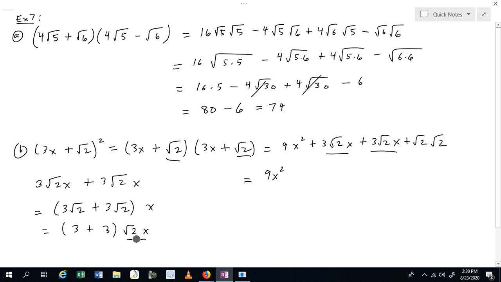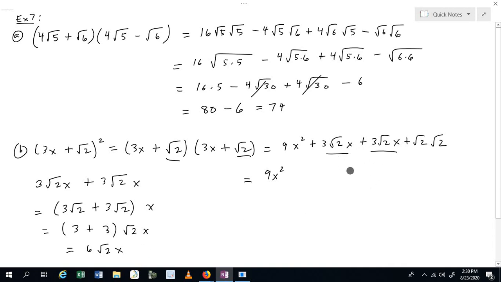Okay, which again is the opposite of the distributive property. If I were to distribute this to both terms, right, to here, I would get this. If I distribute to here, I get this. Okay, and the reason I'm doing that is because then it becomes very clear that 3 plus 3 is 6. And so this is simply 6 times the square root of 2 times x.